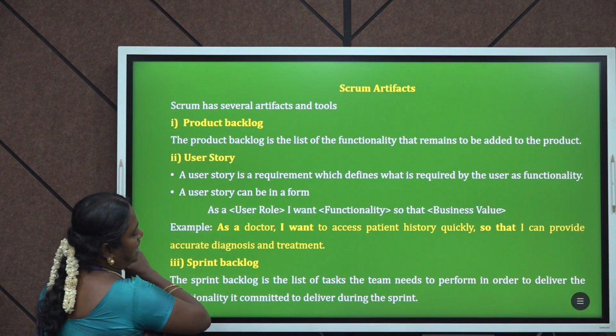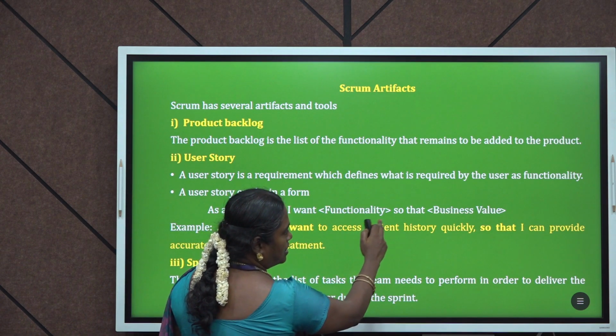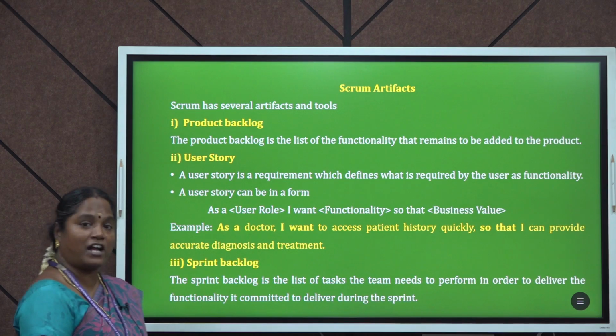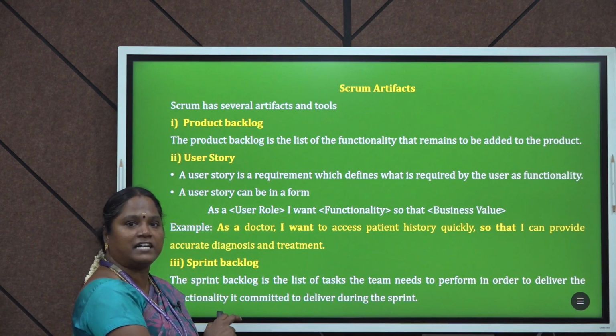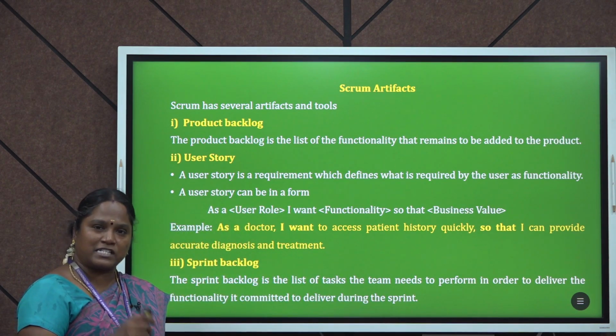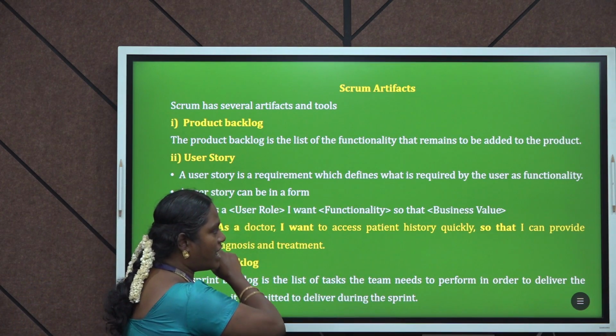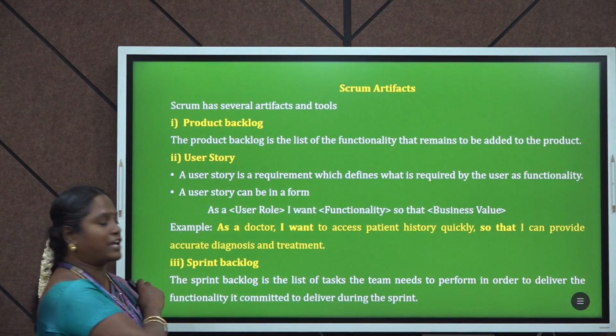The syntax is: as a user role, I want functionality so that business value. That means as a user, I want this functionality so that I can achieve some business value. So the simple requirement can be defined in this format while processing the requirements.